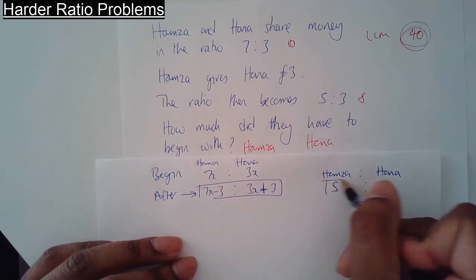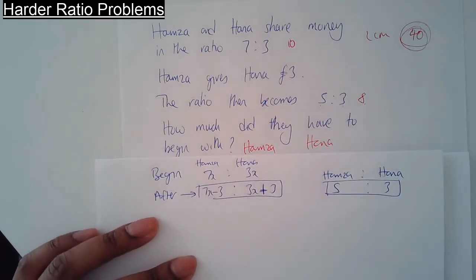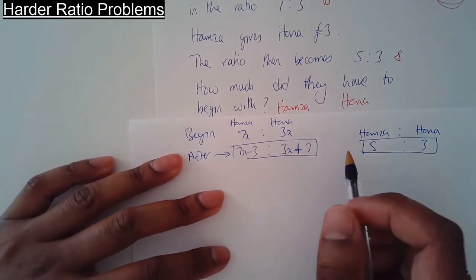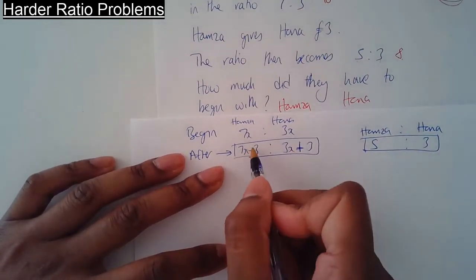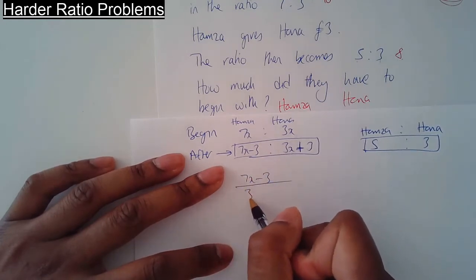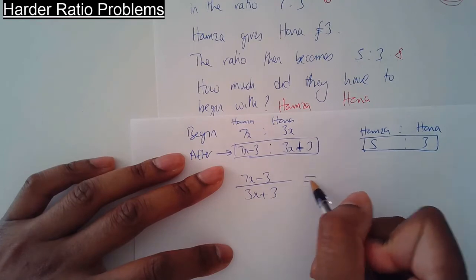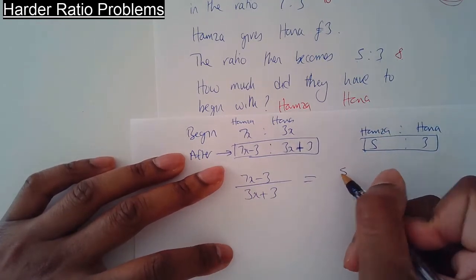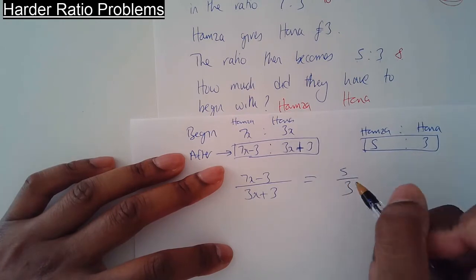All that and all that is afterwards. So what I'll do now, I'm going to make an equation. So what I'll do is put the 7x minus 3, I'll put Hamza on the numerator, Hannah on the denominator. And the same thing over here, put Hamza on the numerator, Hannah on the denominator.